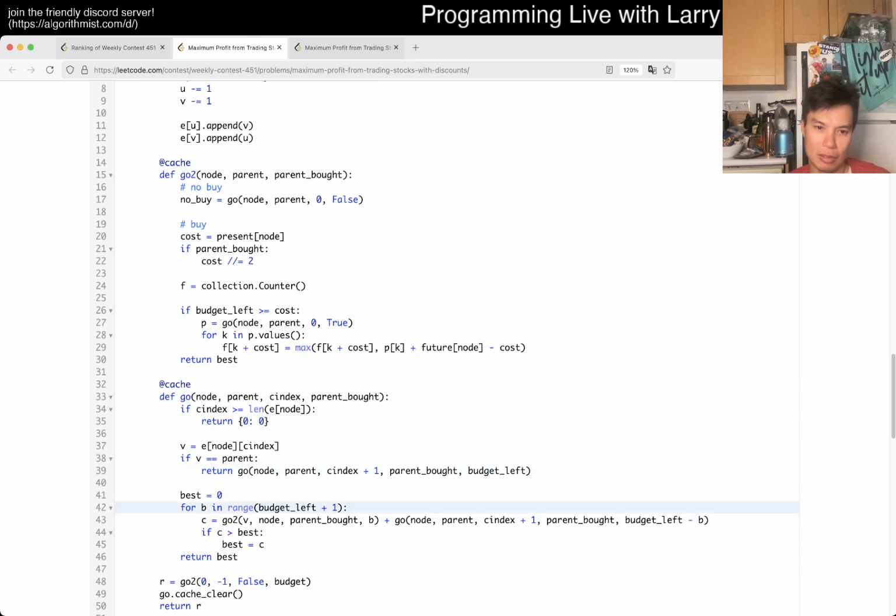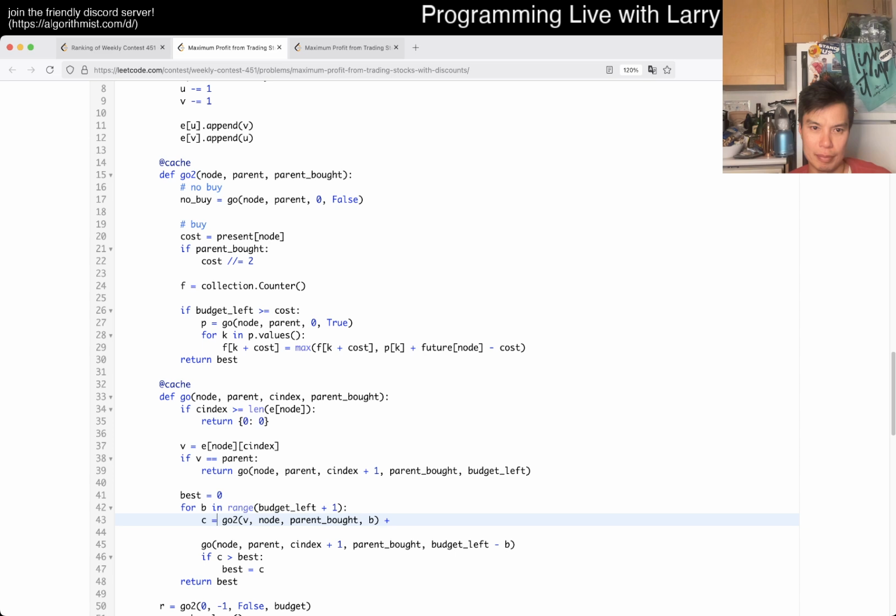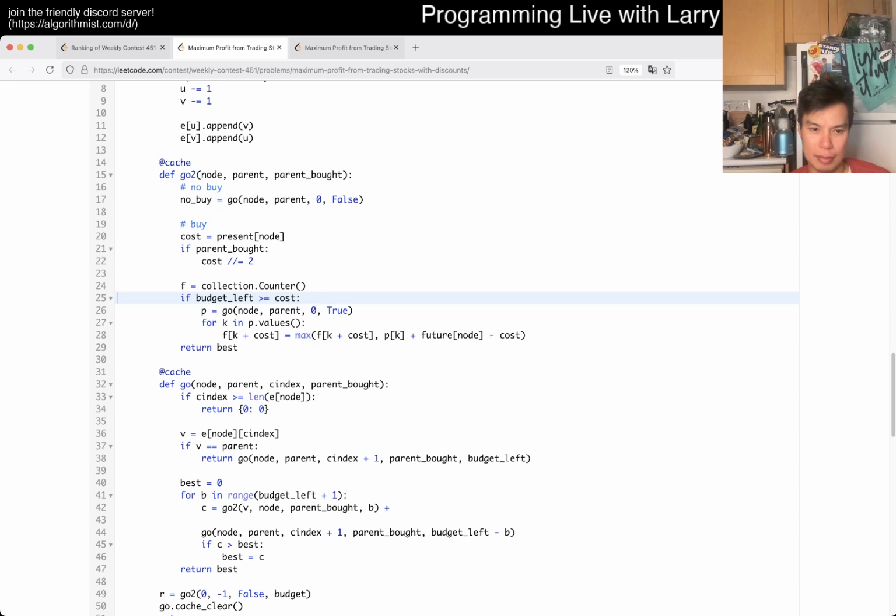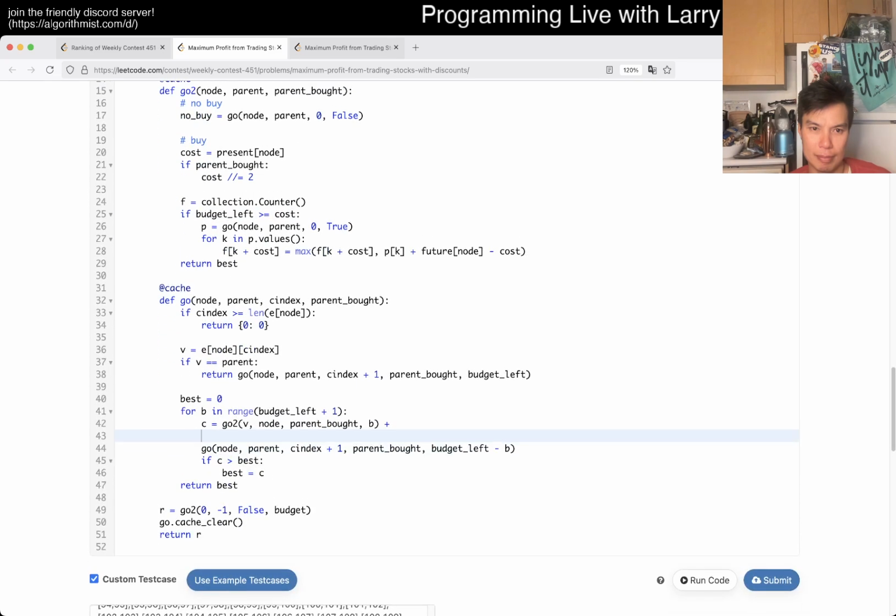And then now, we want to return all the budget stuff. Is this even an optimization that makes sense?